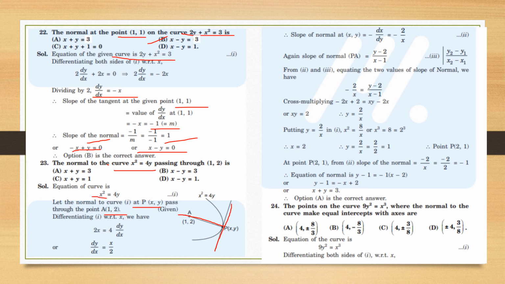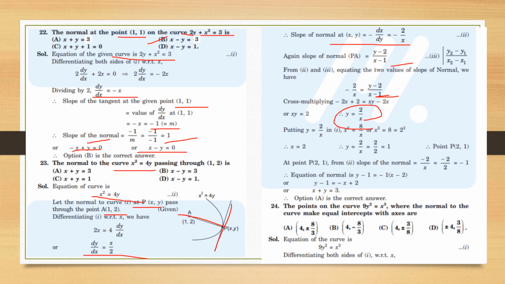So I'll first differentiate. dy by dx is x by 2. Slope of normal will be negative reciprocal, that is minus 2 by x. Slope of normal also using this 2-point form will be (y2 minus y1) upon (x2 minus x1). So it is like this. Both are same. From here I'll get y equal to 2 by x.